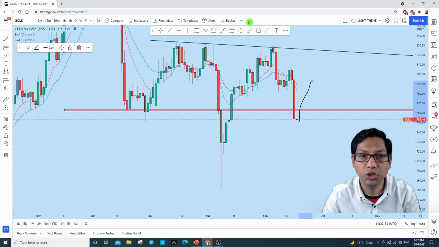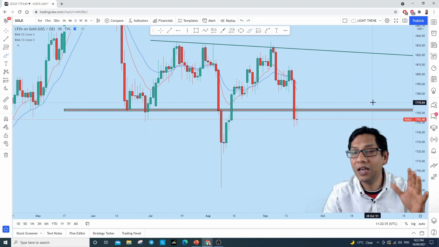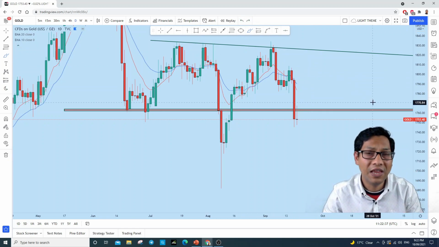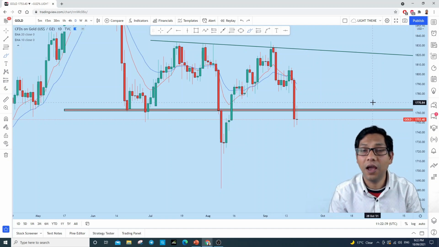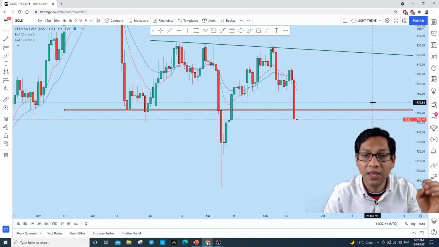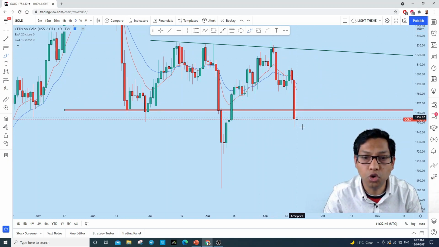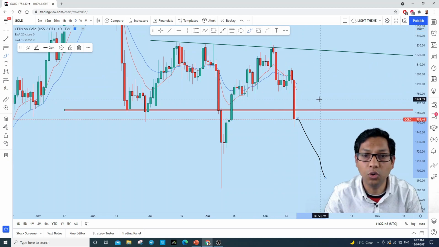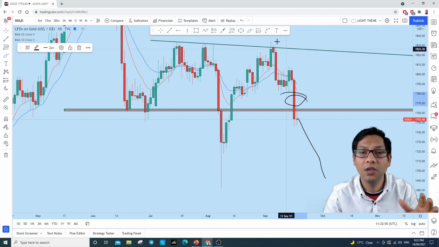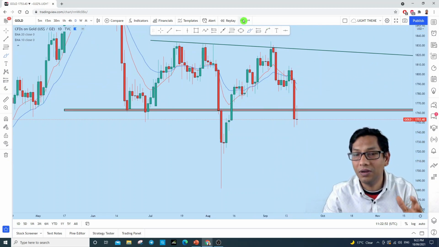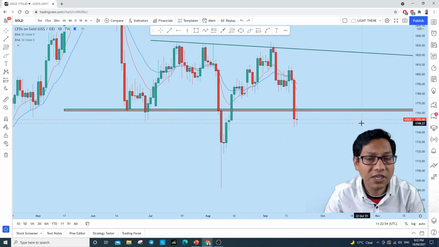Now this is the long opportunity. There are two possible scenarios. The slightly higher possibility is for the price to drop again to the downside, though there is an imbalance here, so it is not 100%.